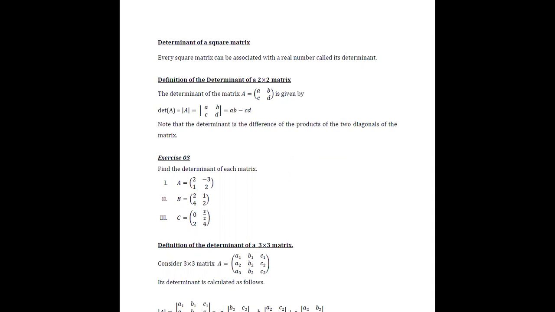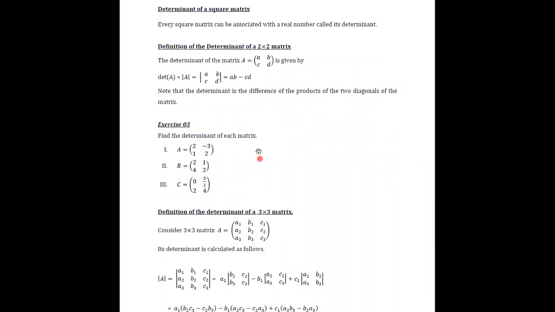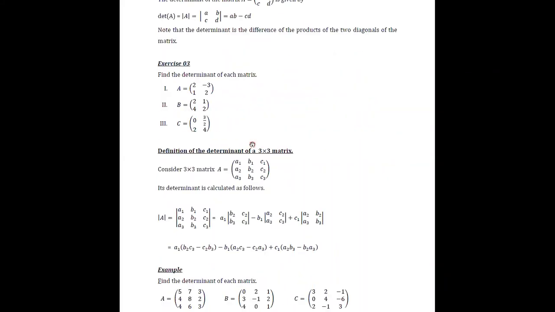Since we can use this simple equation to obtain the determinant of a 2 by 2 matrix, now we will focus on obtaining the determinant for a 3 by 3 matrix.